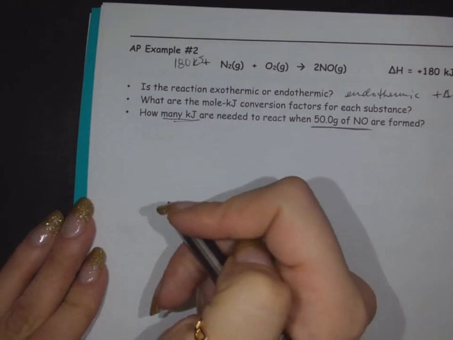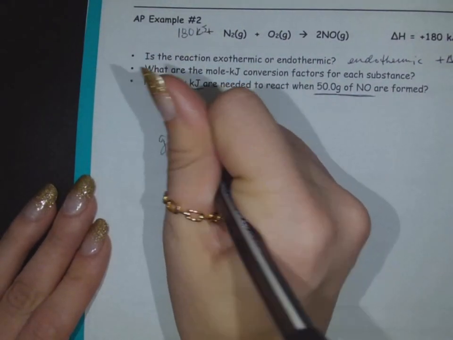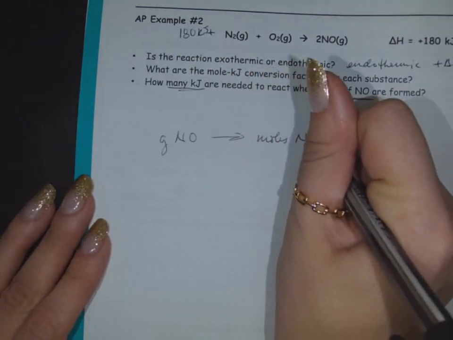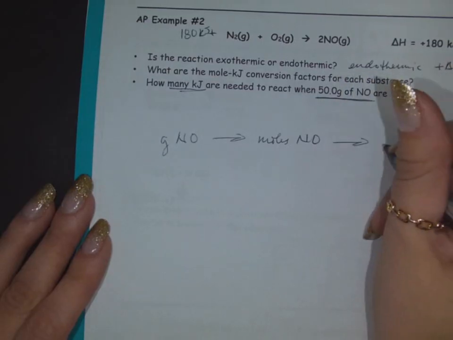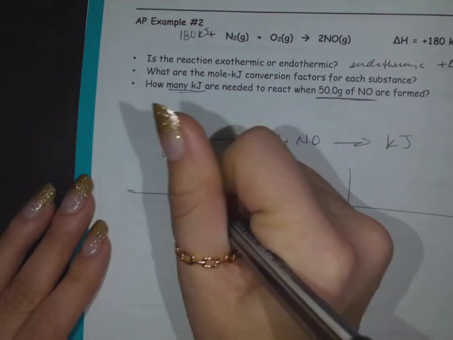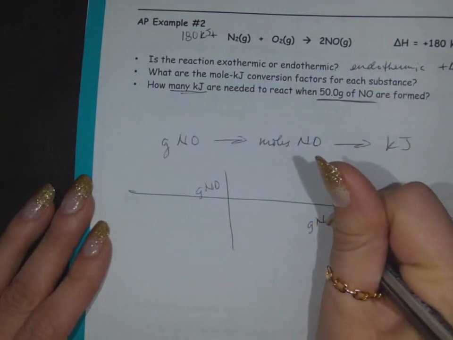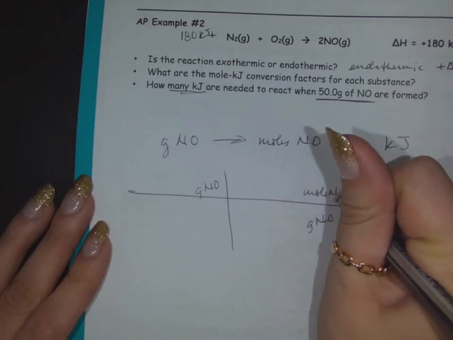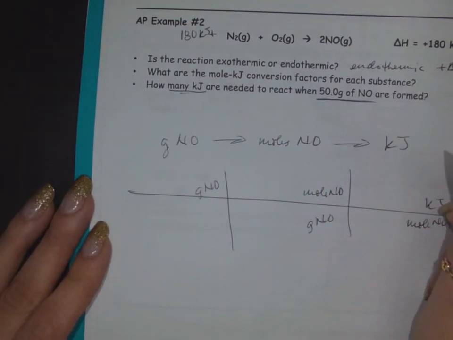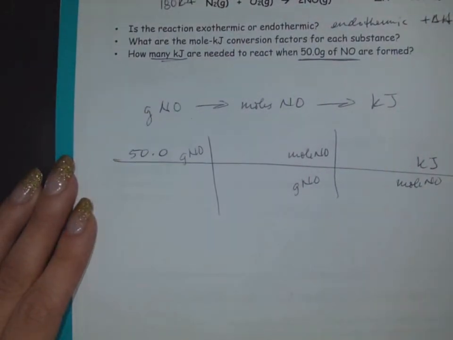Great. We're going from grams of nitrogen monoxide to moles of nitrogen monoxide to kilojoules. Grams of NO to moles of NO to kilojoules. We're starting with 50 grams.